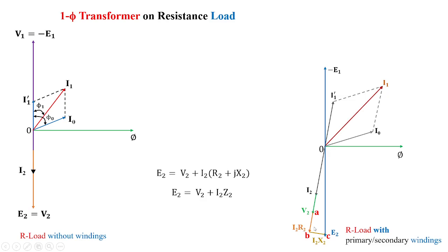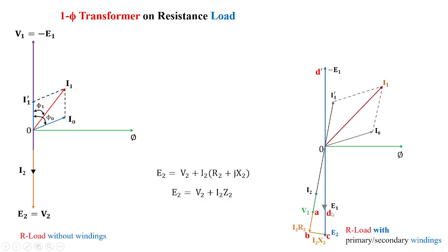With these two combinations, I'll get the impedance drop, that is I2Z2, which will be an arrow mark subtended from A to C. For easy understanding, I have not shown it over here, but you can assume that we have to connect another vector from A towards C, and that vector is nothing but I2Z2. Fine. So this gives us the value of E2, which is shown already here as E2 is equal to V2 plus I2Z2.